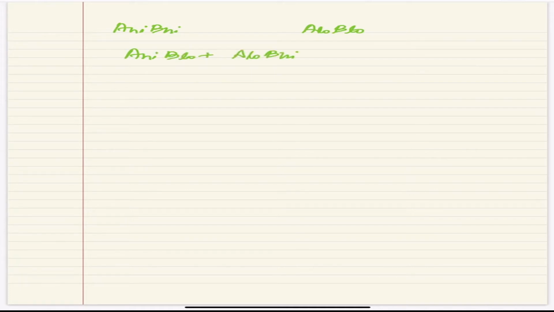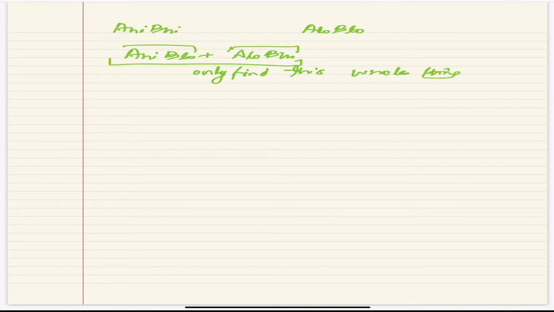But you will say, actually, they are not 4 things. I have to only find this whole quantity. I don't have to find AHI BLO and ALO BHI separately. This is one luxury that I have. So how will I use that luxury?